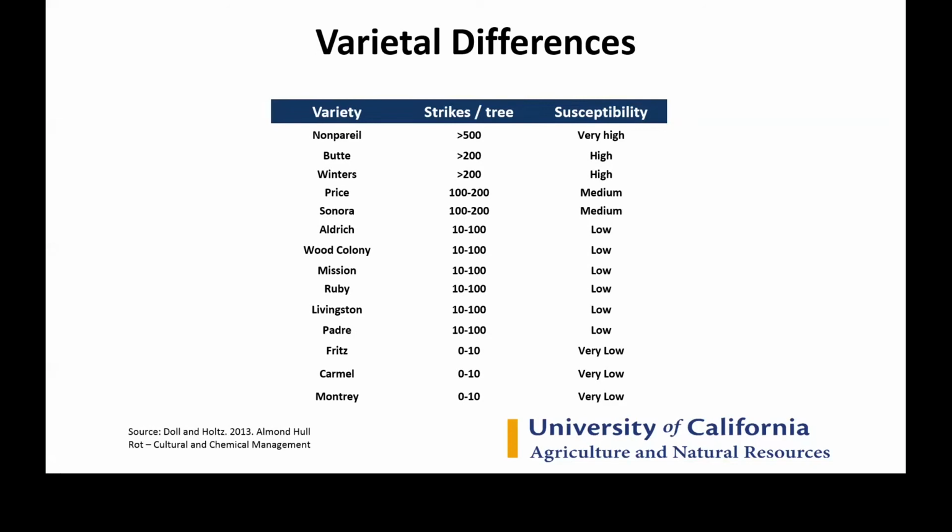And we have quite a bit of orchards here in Kern County that are 50% Nonpareil and 50% Monterey as a pollinizer. So it's important to know which varieties are the most susceptible and try to manage based on what we have in the orchard.